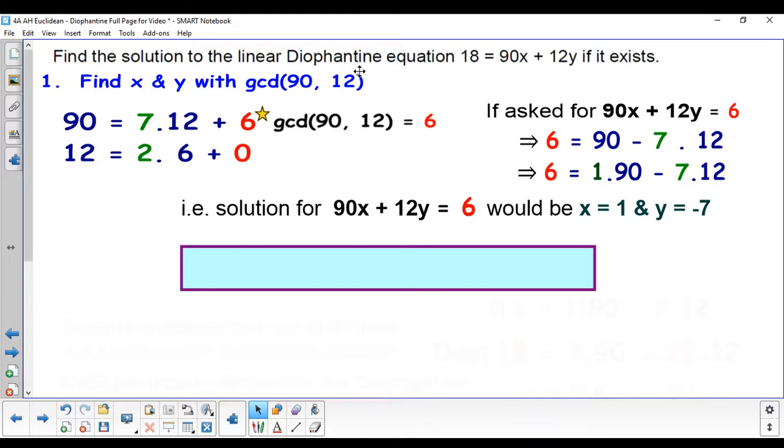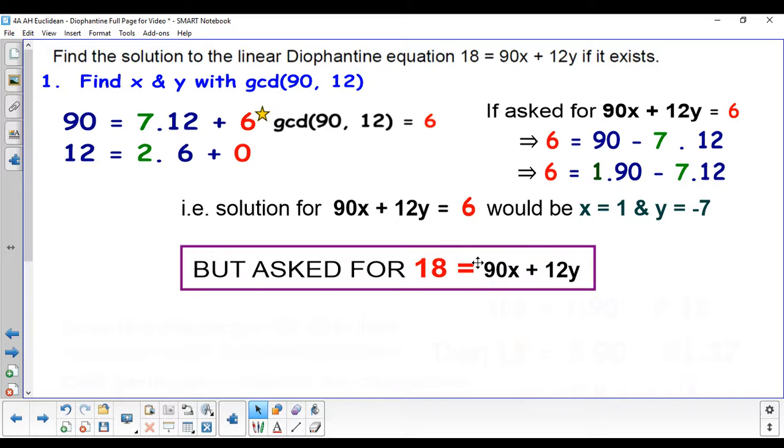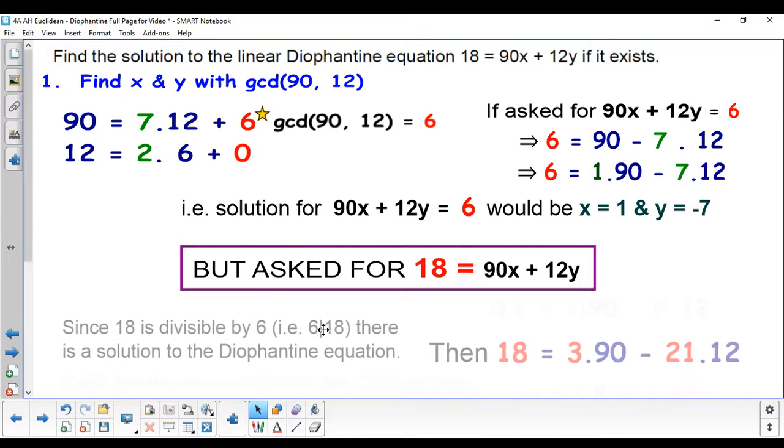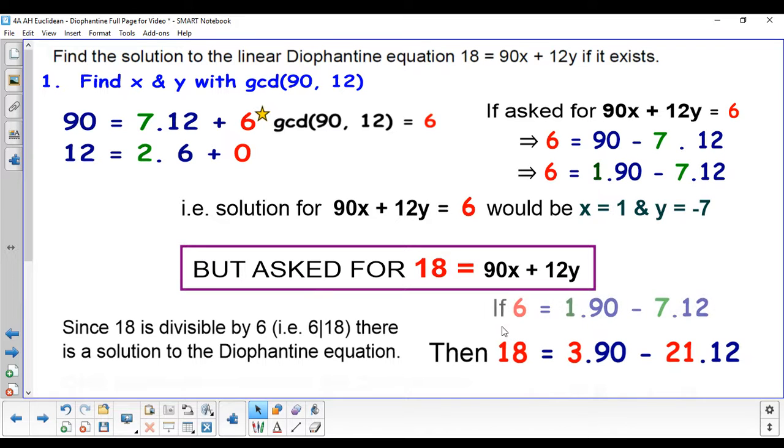But with the Diophantine equation, you're not given 90x plus 12y equals 6, it's equal to 18. It's not the same. But if you've managed to find it for 6 and you know that 18 is divisible by 6, then you can find a solution, because if you know that 6 is 1 lot of 90 take 7 lots of 12, then if it's 18, all you do is multiply them by 3.